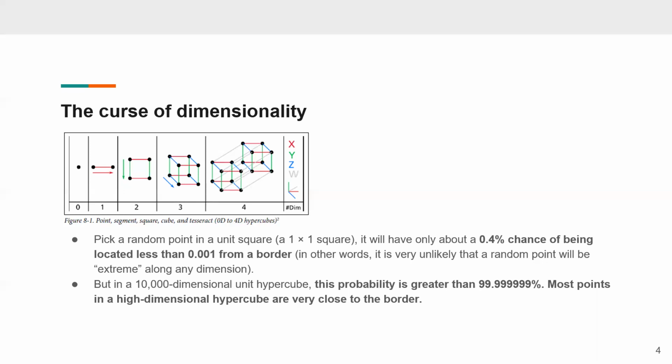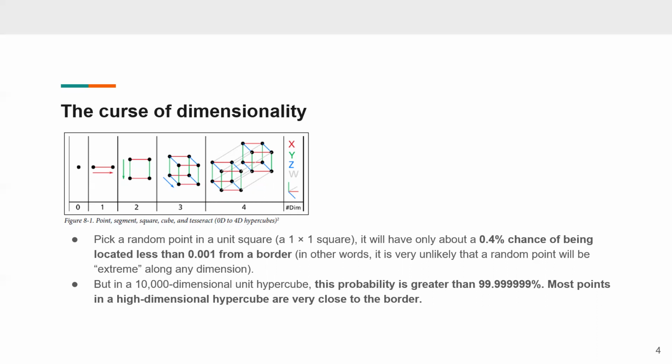That means in the higher dimensional space, not all the points, but at least most of the points are very close to the border. That is one of the features of higher dimensional images, graphs, or space.